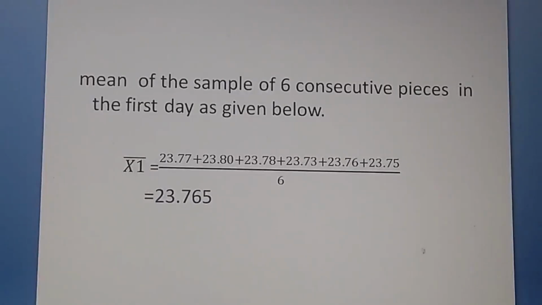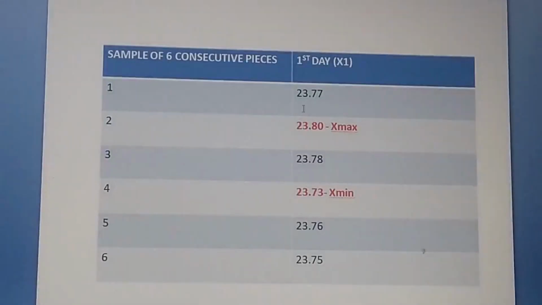If you want to find the mean of any sample, just add them up and divide by the total number of samples. Similarly for the range, we have to find the maximum observation and the minimum observation, the maximum and minimum values of the diameter.